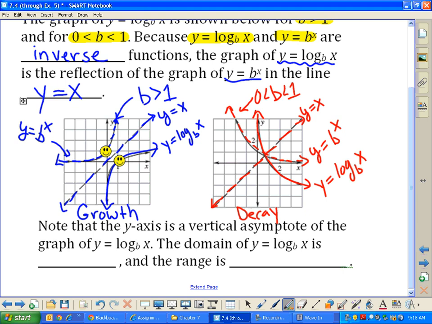Happens on decay too. If I look at my exponential function here, I have the point 0, 1. If you interchange the x and the y value, you do get the point 1, 0. It turns into the x-intercept on our logarithmic function. What you're going to notice in general, when we talked about our exponential functions, you folks just kind of said this to me.